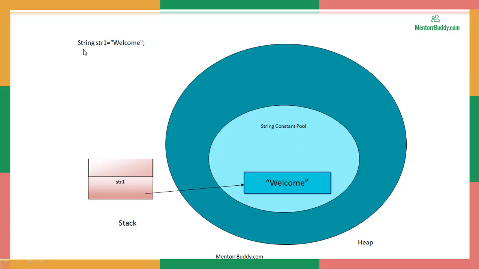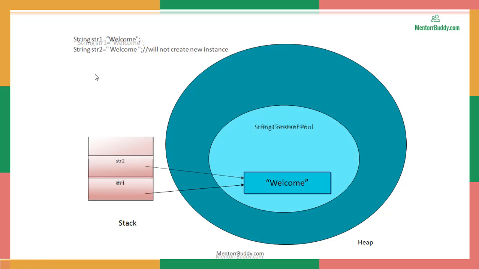So when we create this string object, the JVM first searches SCP for the welcome object. If welcome is not there, then a welcome object will be created and this str1 will refer to it. If the object is not there, only then is it created. And SCP does not contain duplicate objects. Only unique elements are stored in SCP.